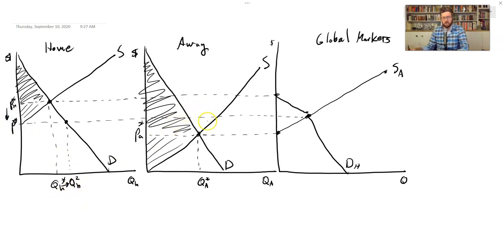On the away market, the quantity supplied goes up to QA2, and the price rises to P star. So we have here the quantity demanded is QH2, and this market, just as by coincidence, cannot supply at that price at all. So this is a market where everything it gets, it imports from abroad.